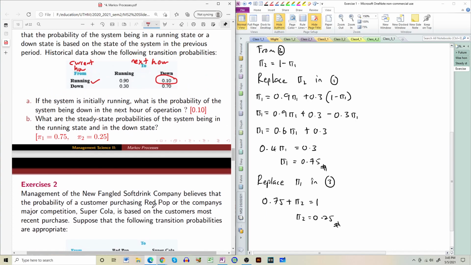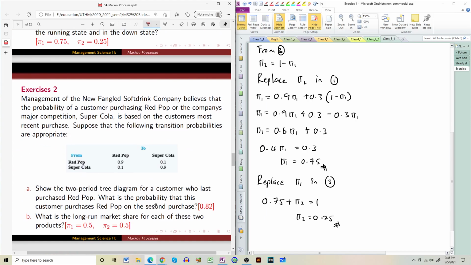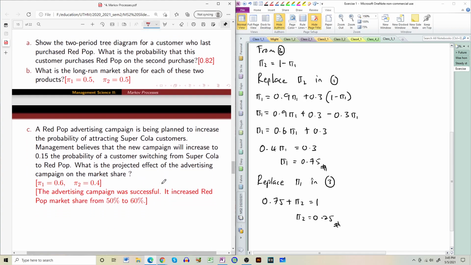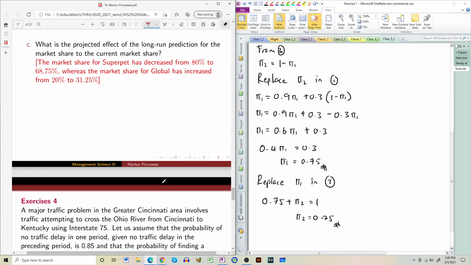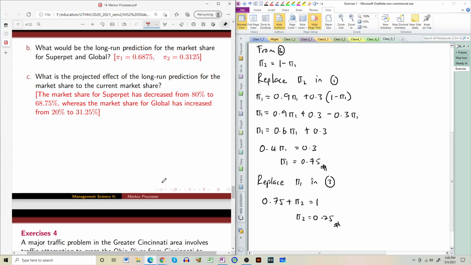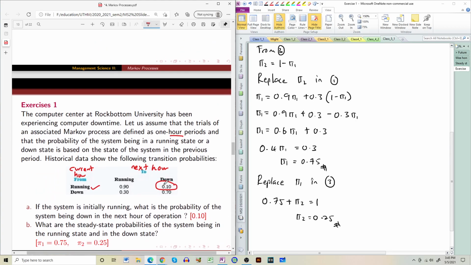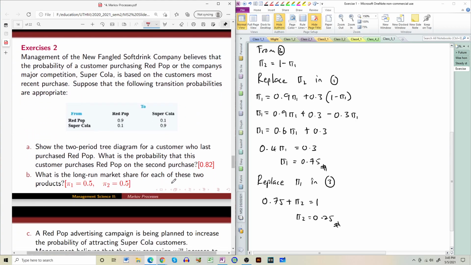This is the answer for the question, exercise 1. Exercise 2 you can try on your own.